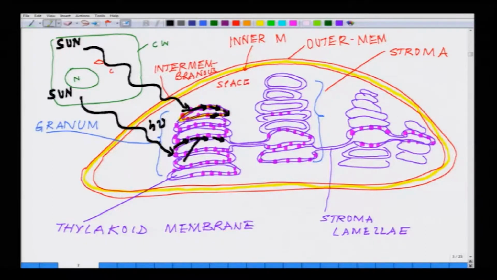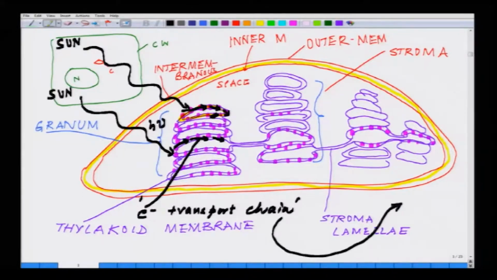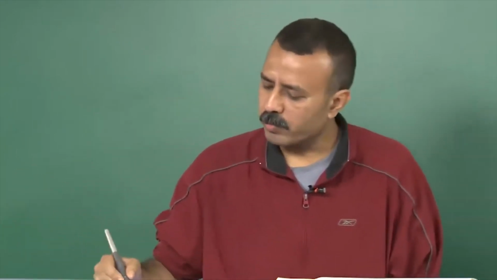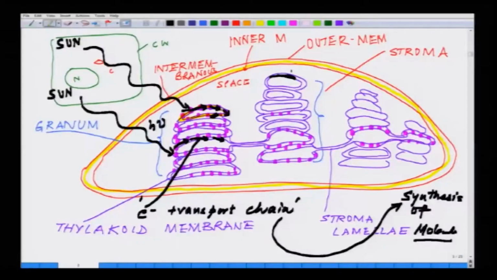This is where the electron transport chain is moving, and it eventually leads to the synthesis of molecules. Essentially, this electron transport chain is creating a potential difference across that asymmetric membrane.